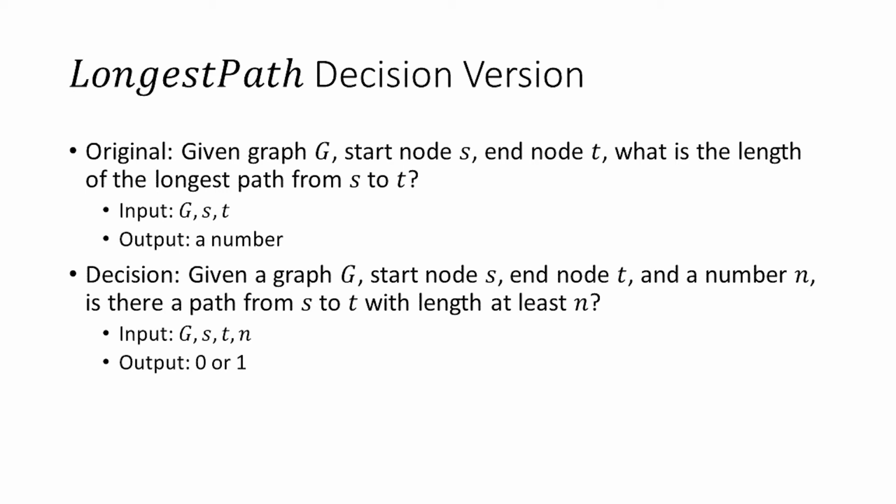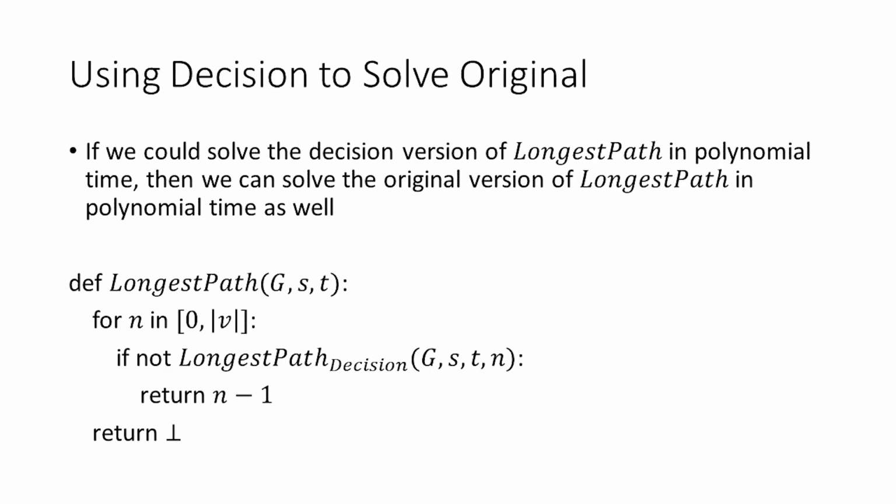Now notice that if we could solve in polynomial time the decision version of this problem, we're actually going to be able to solve the original version in polynomial time as well. Because we gave that target value n, the answer to the original problem is going to be the largest target value n such that the answer is still going to be 1, such that there does exist a path of at least that length.